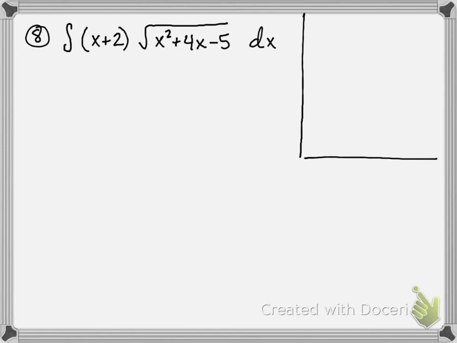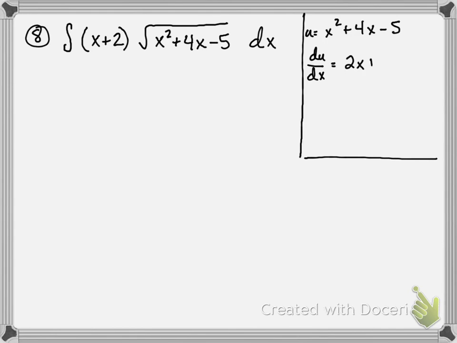And that happens to be the thing under the radical. So I'm going to let u be x squared plus 4x minus 5. So now when I take its derivative, du dx, we have 2x plus 4, or excuse me, just 2x, right?